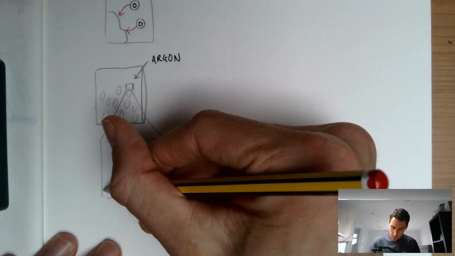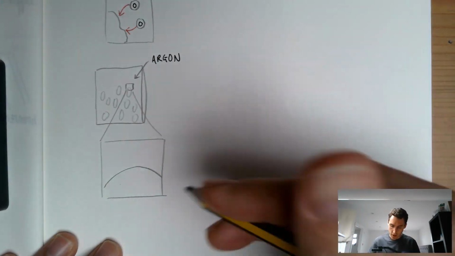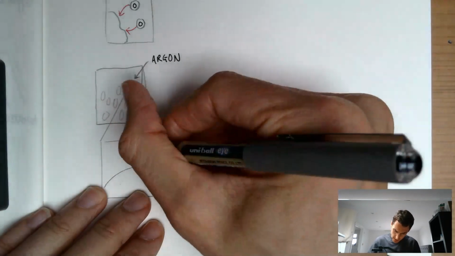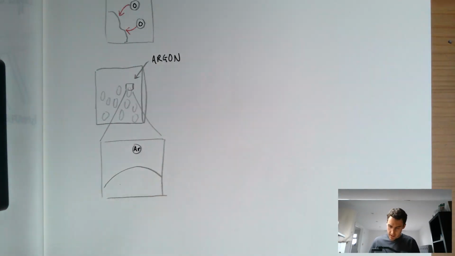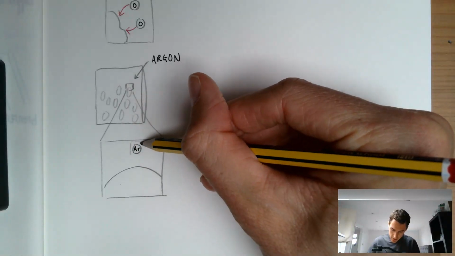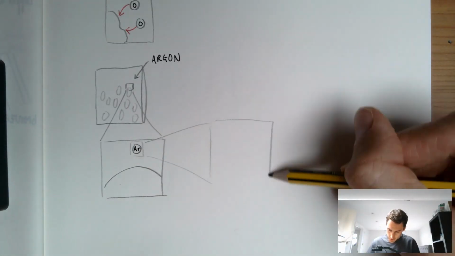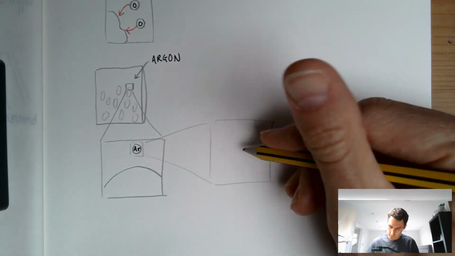If I look here at an argon atom, that's Ar, I can zoom in again and say, well, let's look at this argon atom.